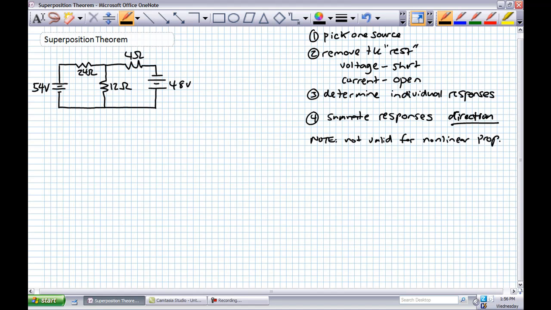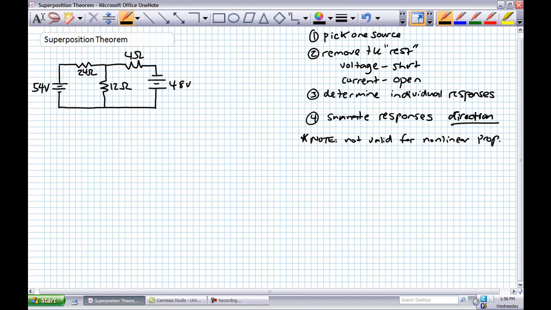If current is going one way and the second source is inducing current in the opposite direction, you have to be aware that they are opposing each other. So direction is imperative. And finally, our little note here: the hammer doesn't really fix everything, but it will lead you to the results that you want.